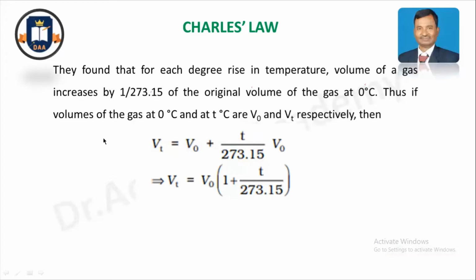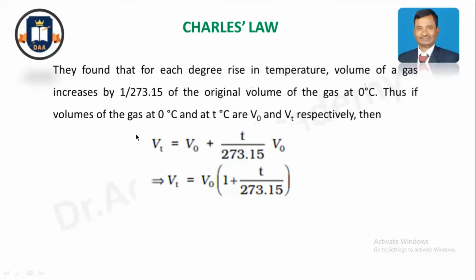And thus, if volumes of the gas at 0 degrees centigrade and at t degrees centigrade are V0 and Vt respectively, that means when the gas is at 0 degrees centigrade, the volume is denoted as V0, capital V subscript 0, and when the gas is at t degrees centigrade, the volume is denoted Vt.